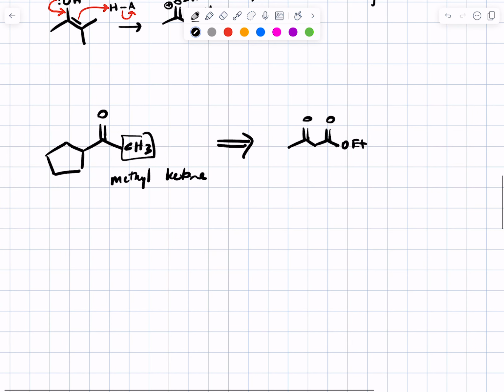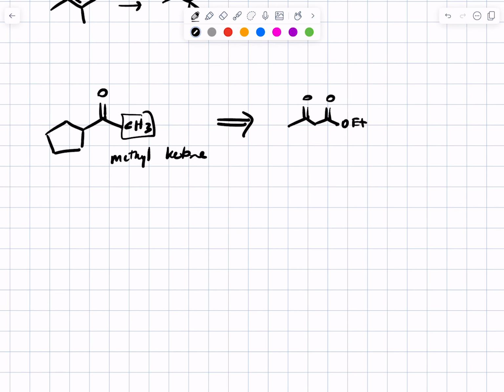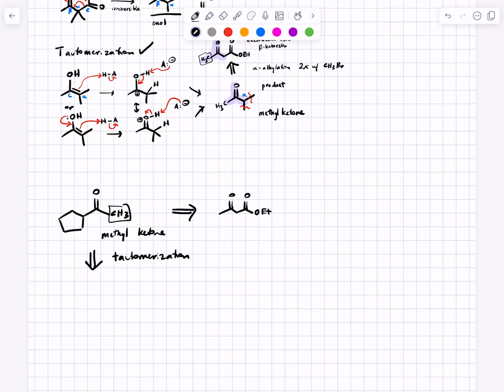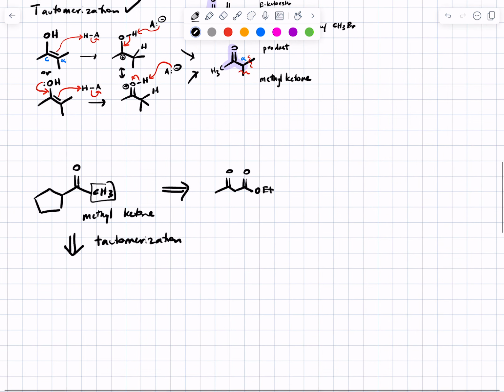Now, if you want, we can think backwards in sort of a stepwise way. What does this look like immediately prior to tautomerization? Compare it to what you saw before, and then tell me how to draw the enol form of this methyl ketone.